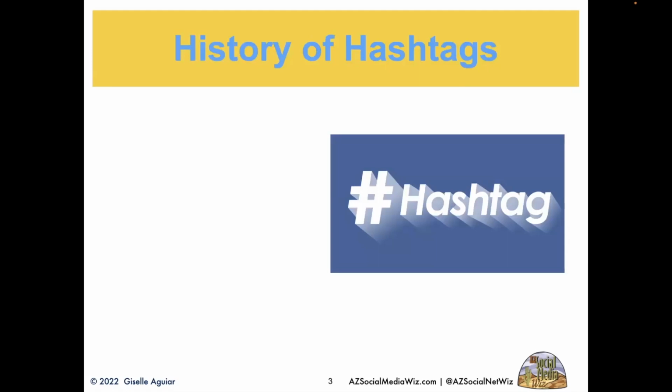So I remember when hashtags first started because I've been doing digital marketing for so long. So I'm like, let me put up a little trivia in here of the history of hashtags. They were first used in 1988. Actually, this was before even I was on the internet, with IRC chats, Internet Relay Chat.